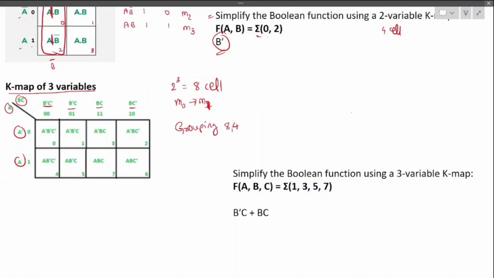If it is possible, though 8 is mostly not possible. Then 4, 2, and the last preference is 1. Now how will the grouping be performed? 8 means the entire box, 4 means you can take like this, or you can take in between like this.